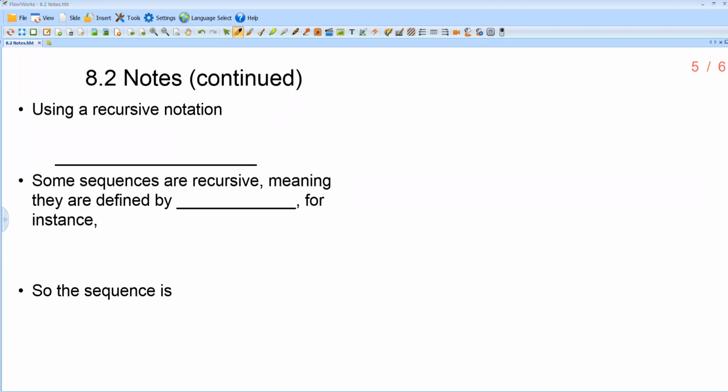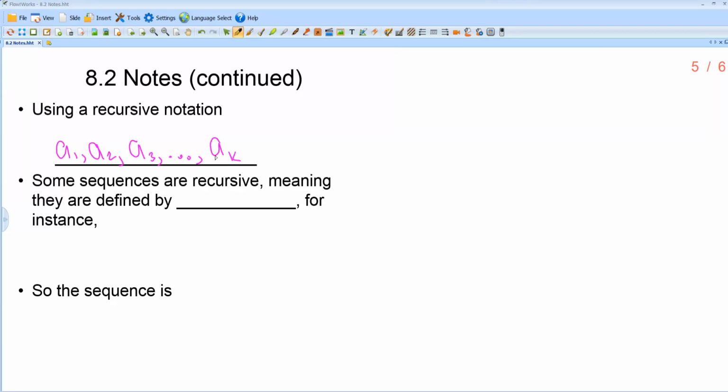Okay, using recursive notation. So we just got 2 more slides. Bear with us, or me. Using recursive notation, if we have the sequence a sub 1, that's not a 1, a sub 2, a sub 3, and so on and so forth until a sub k.